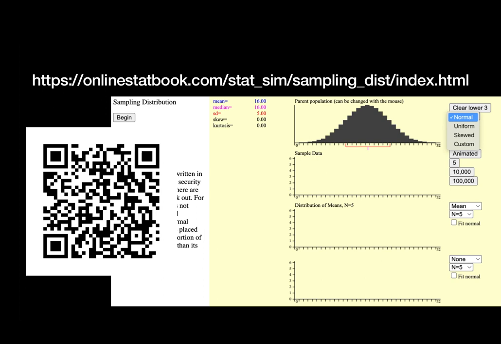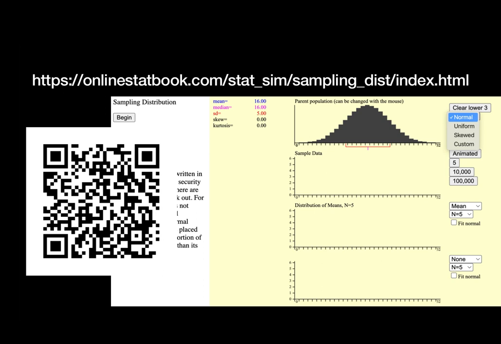If I just say what is the standard deviation, we would be referring to the top graph, which is the parent population. If I say what's the sampling distribution standard deviation, or the standard deviation of the sampling distribution, or sigma sub x bar, in this middle one it is 3.56.